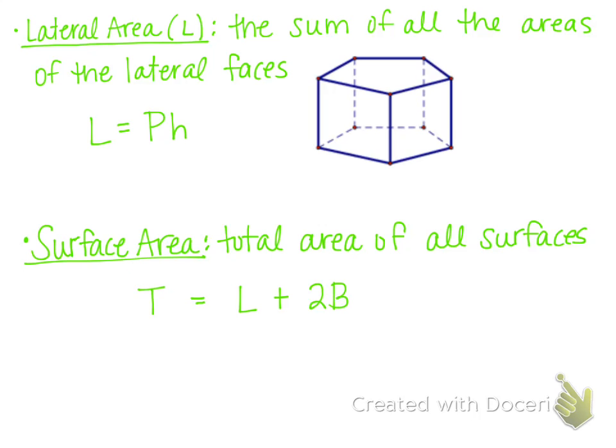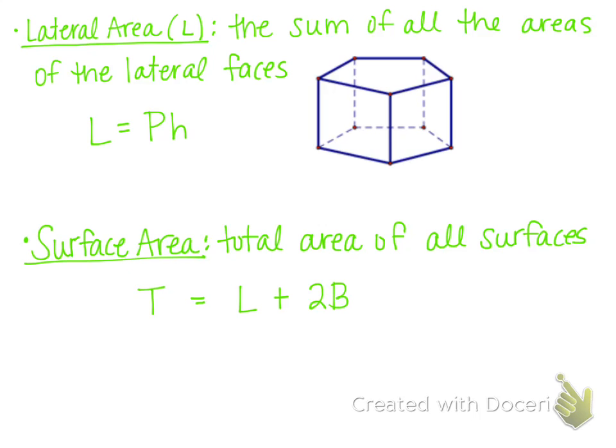So if we're finding lateral area, we're adding up this face plus the back face plus this face plus this face plus this face. So we are not including the area of these bases. Okay? We don't care about those.